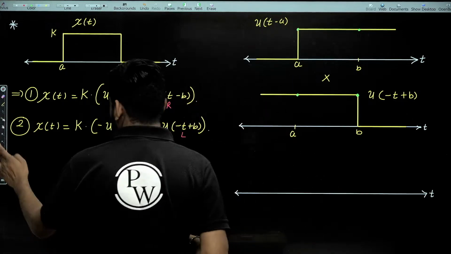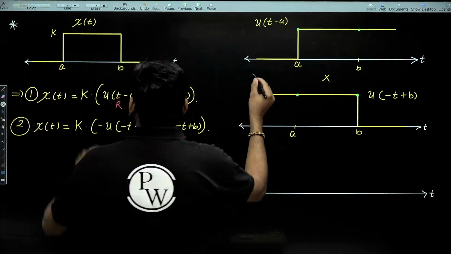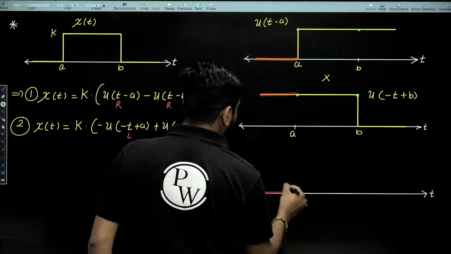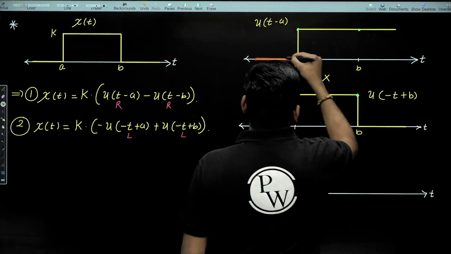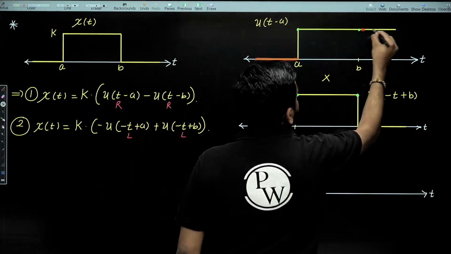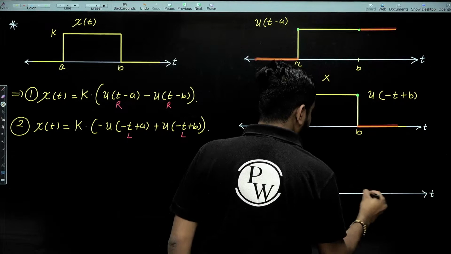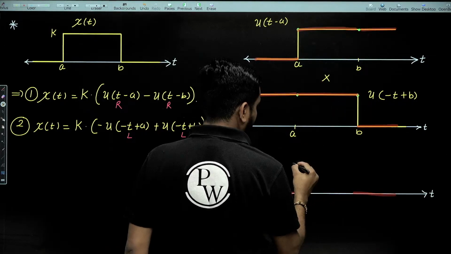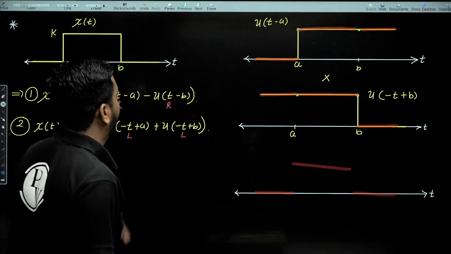So 0 into 0 is 0, 0 into 1 is 0, 1 into 0 is 0. Now here 1 into 1, which is nothing but 1, again a rectangular function, correct?